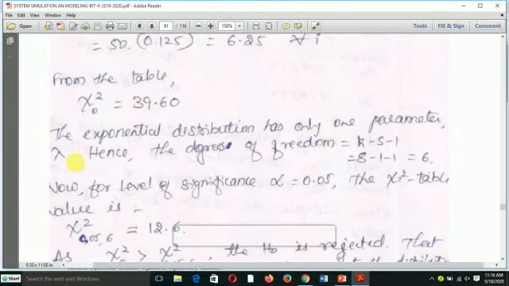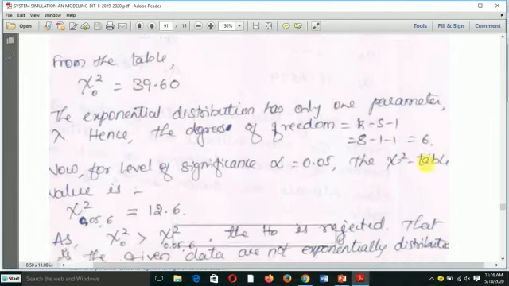Lambda. So the degree of freedom will be equal to k minus s minus 1, where k is 8 and s is the number of parameters we are having, which is 1. So we are able to find that the degree of freedom is 6.